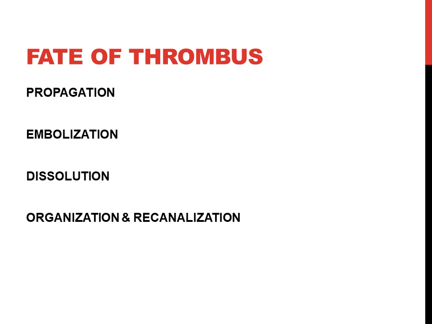Ultimately, in these organized thrombi a canal develops which establishes the continuity of the initial blood vessel. So organization and recanalization is a very important fate of the thrombus, especially in vital organs like the coronary and cerebral circulation.